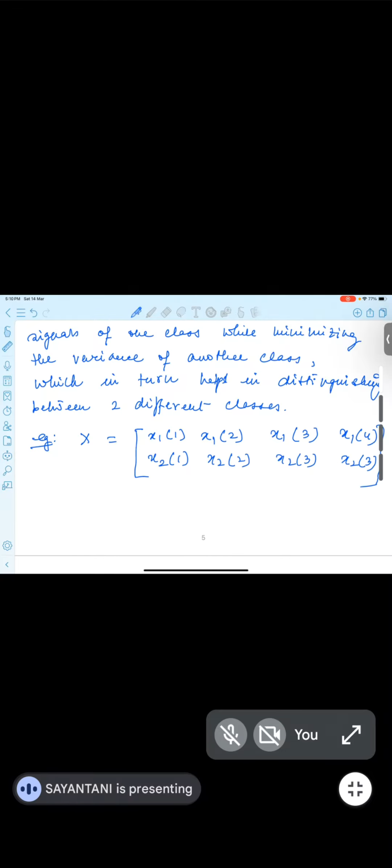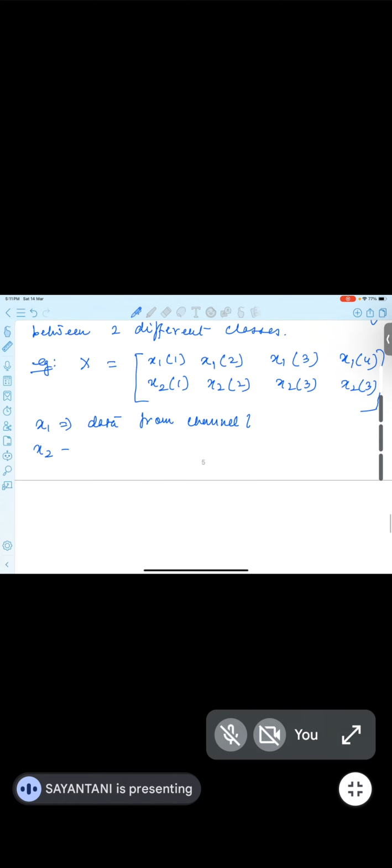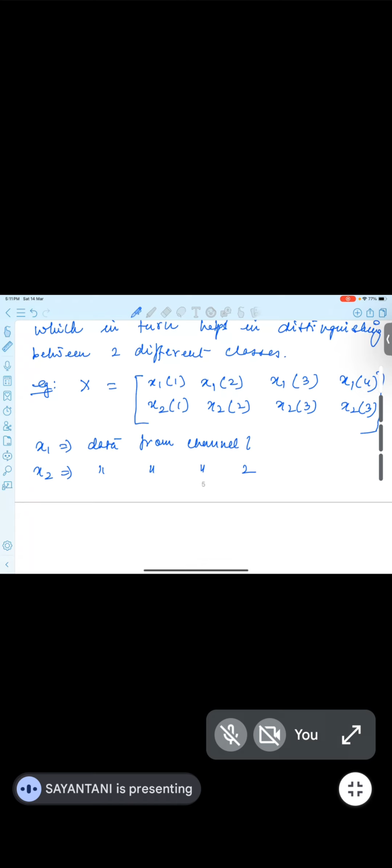So a data set kind of looks like this. The X1 components are the data from channel 1 and X2 components is the data from channel 2. So this is how an EEG data set looks like.